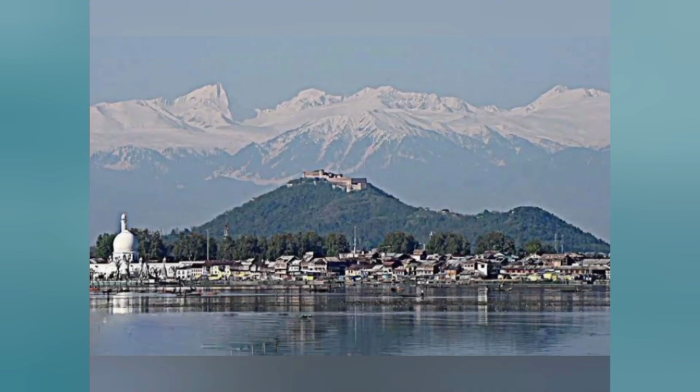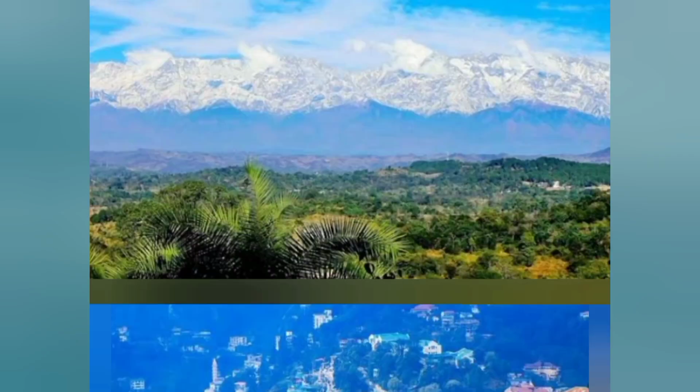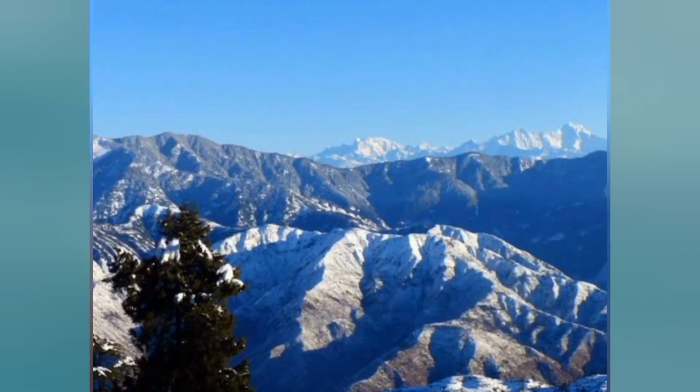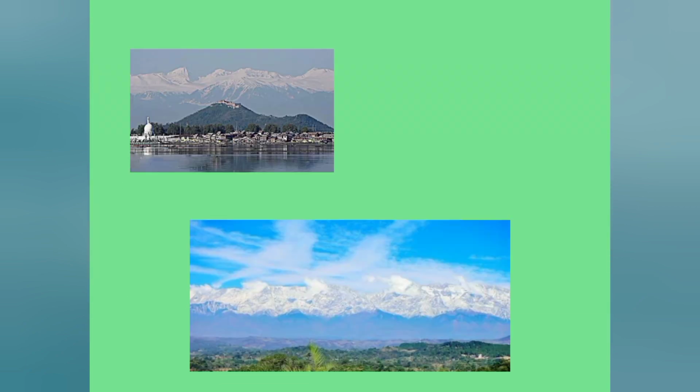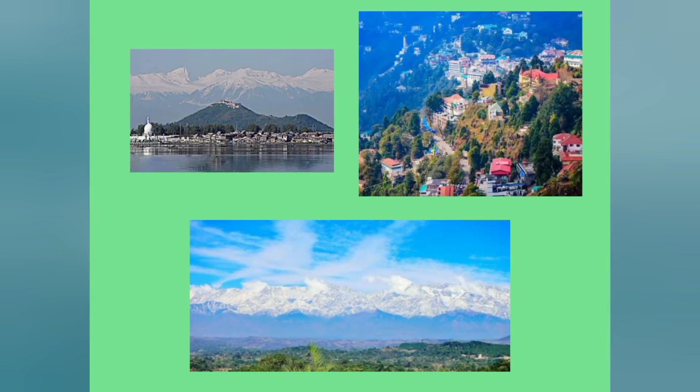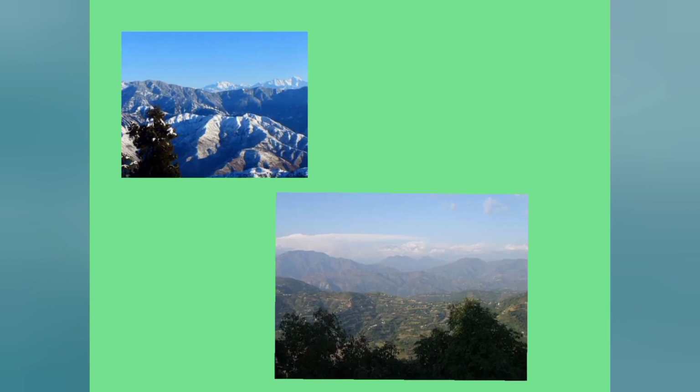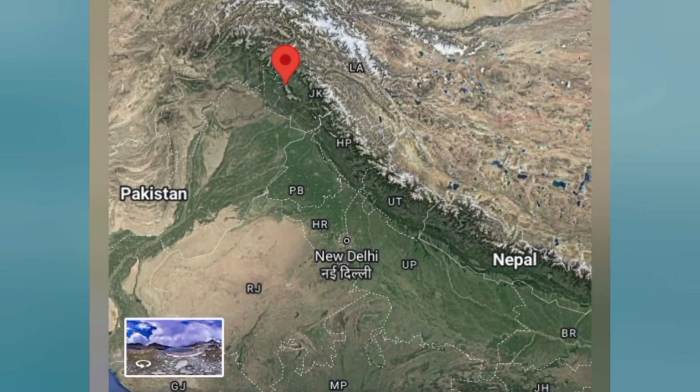Pir Panjal, Dhauladhar, the Mussoorie Range, the Nag Tibba and the Mahabharata range are some of the important ranges of the Middle Himalaya. The most important range is the Pir Panjal, which is the southernmost range of the Middle Himalaya, located in Kashmir, and is the longest.